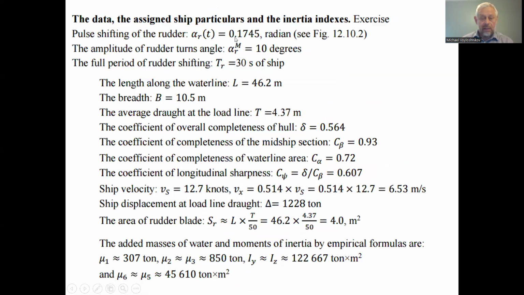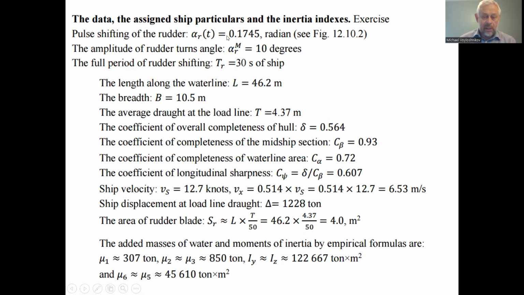This is equal to 0.1745. We indicate this in a somewhat simplified way, as we understand that for the pulse shifting of the rudder we have no analytical dependence, and we assume this is the maximal magnitude in radians.